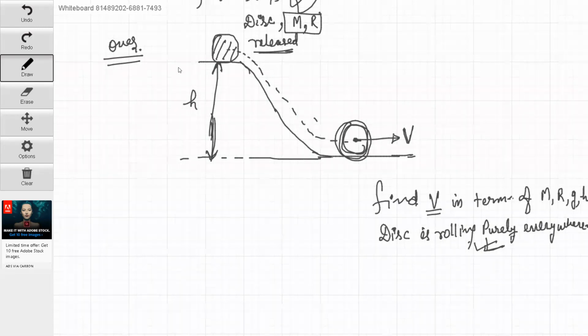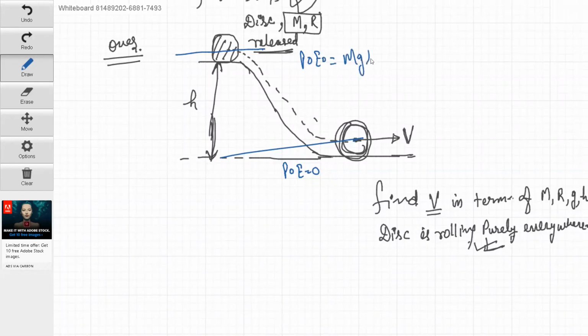So how will you do it? Student, you have to conserve the energy. Here the potential energy is 0, consider. Here the potential energy will become equal to mgh. So initial potential energy plus initial kinetic energy will become equal to final potential energy plus final kinetic energy.